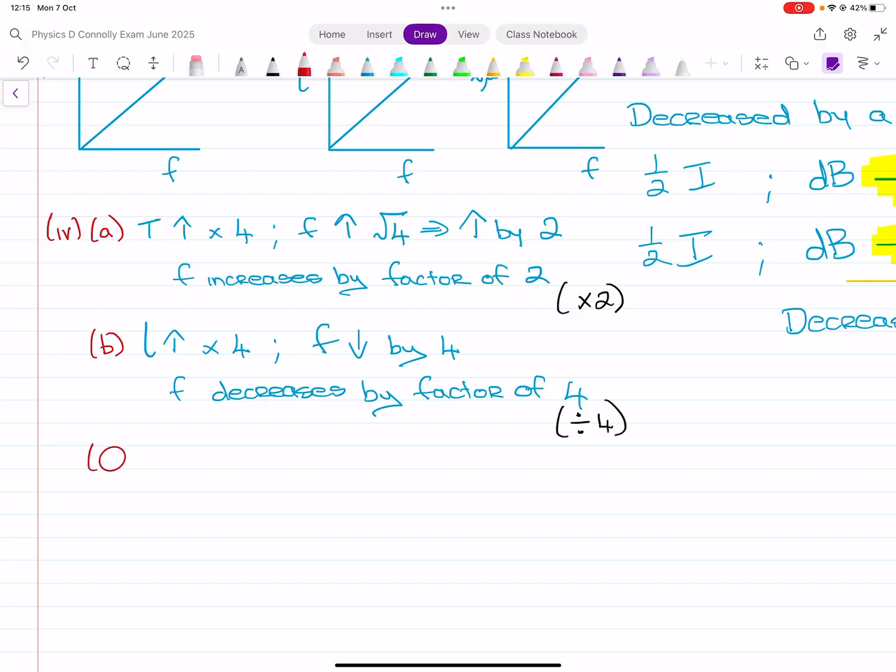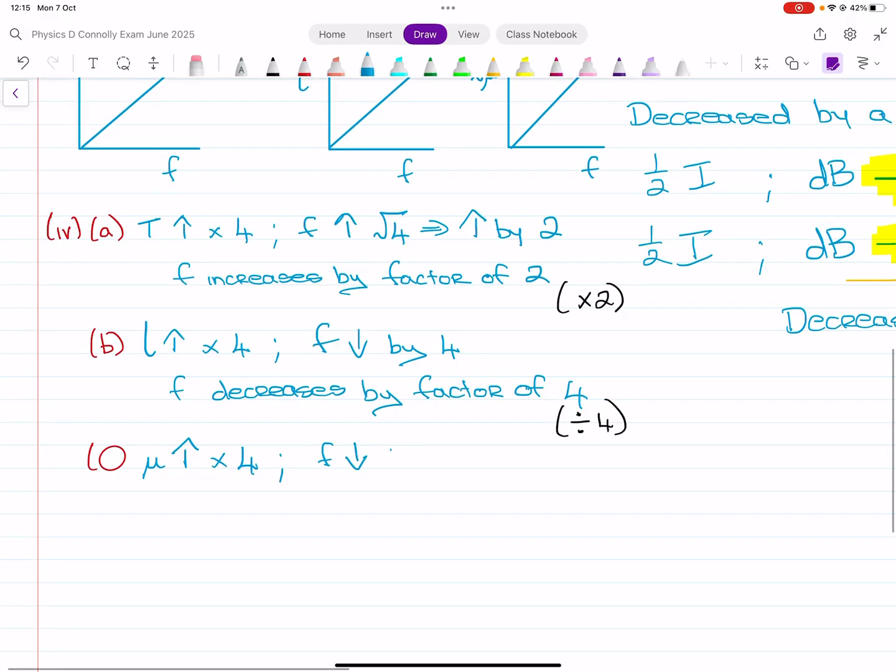Okay, and the last one is mu increases by 4. They are inversely proportional, which means the frequency is going to decrease, but it's going to decrease by the square root of 4, which is 2.